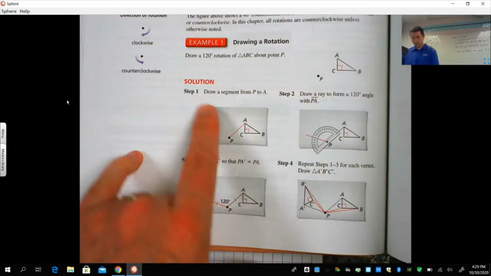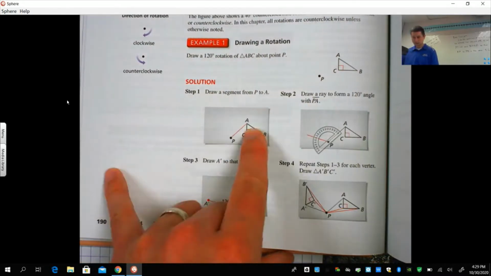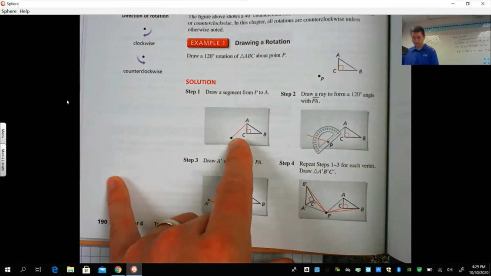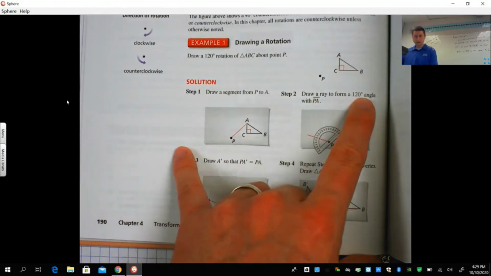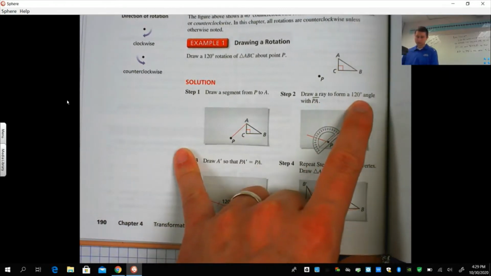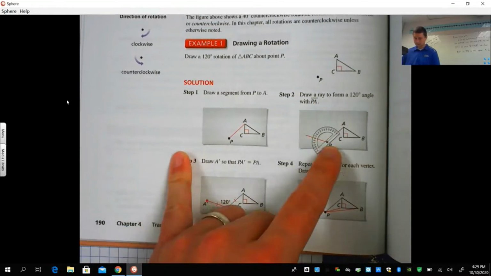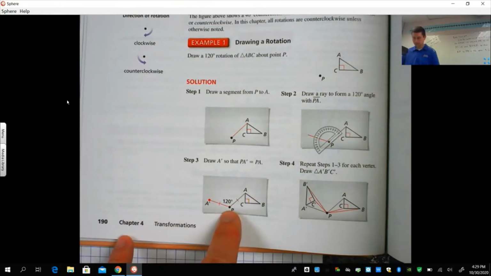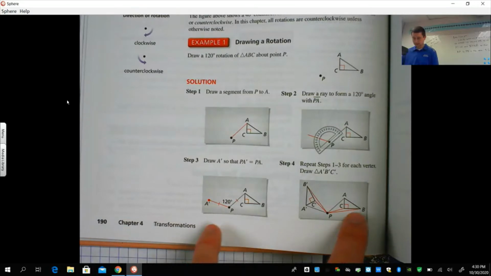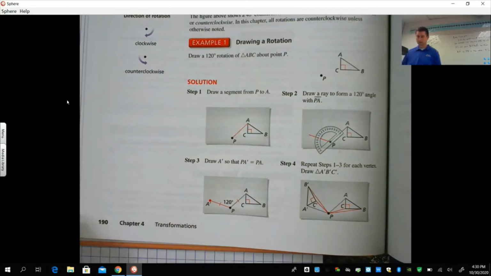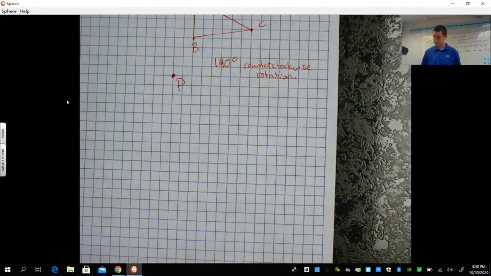We're going to draw a segment from the vertex to the point P. We're going to draw a ray to form a 100-degree angle, 120, we'll do 140. We're going to measure it, and then we'll repeat the steps for all of them. This gets into measuring, having rulers, making sure we are precise with what we're doing here.